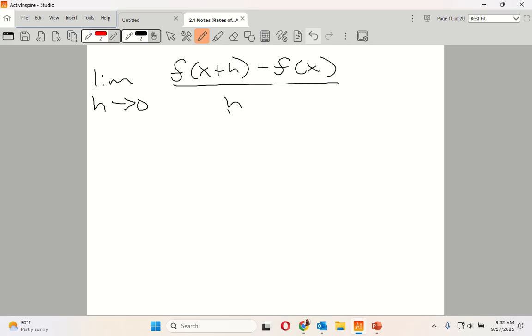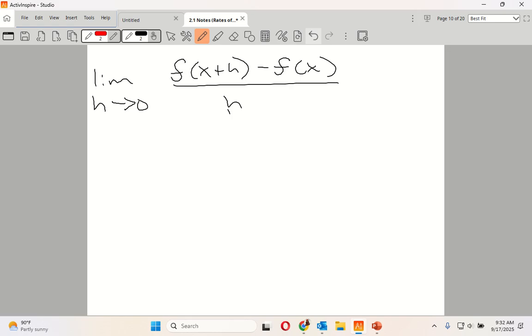But now we're looking for the slope at any given point. Remember the other day, we found the equation at any given point on that function? So whatever x value you plug in, we can now get the slope. And that's what we're doing here.